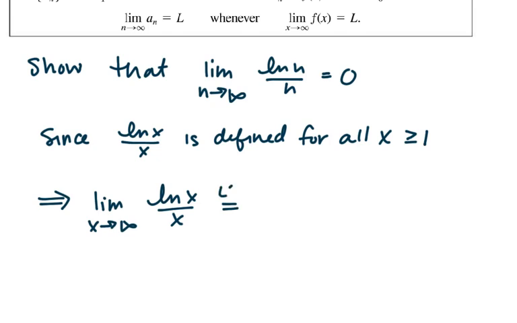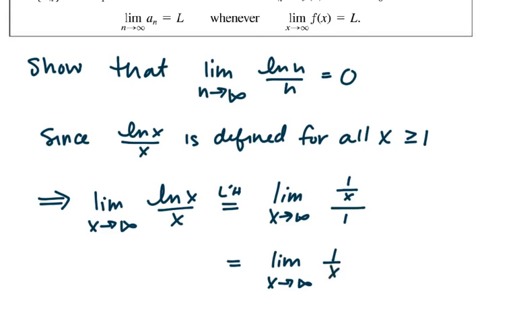Applying L'Hopital's rule, the derivative of ln x is 1 over x, and the derivative of x is just 1. So this becomes the limit as x goes to infinity of 1 over x, and we've seen that several times already today. That is 0.